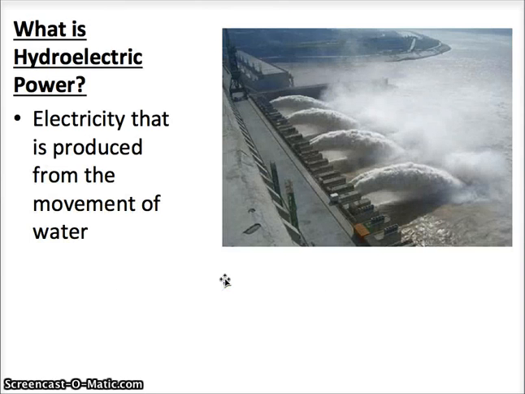Let's talk about hydroelectric power. So basically what that is, it's electricity that's produced from the movement of water. So you can see here, this is a dam, and dams actually build up a lot of water pressure because it's holding up the water here, and then it lets it out in small increments. So as the water shoots out, that actually has a lot of energy.